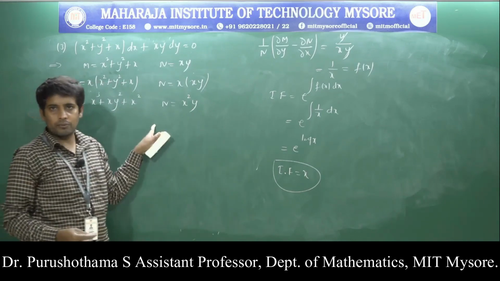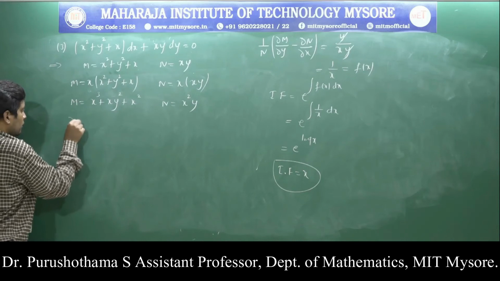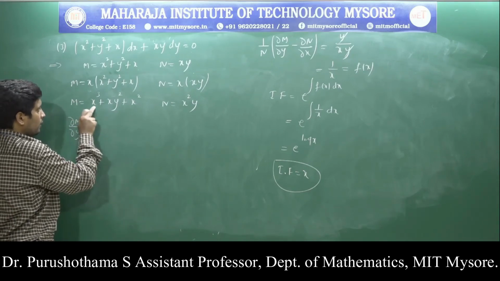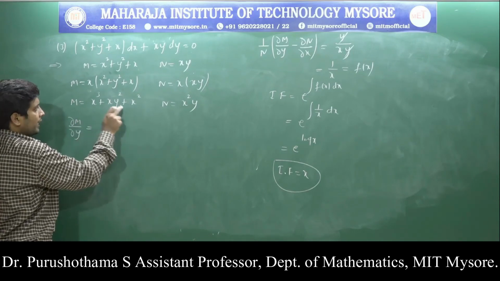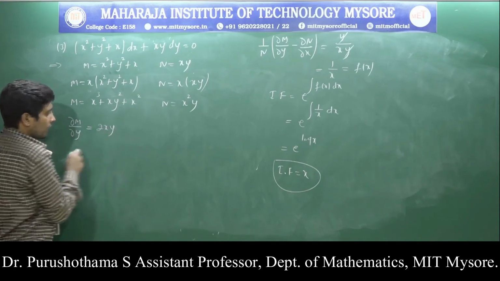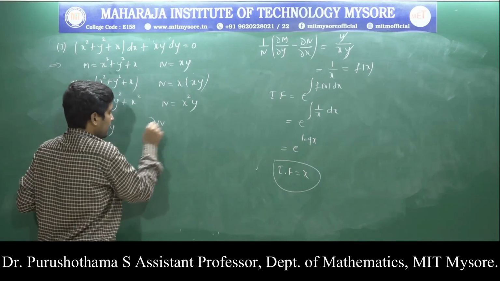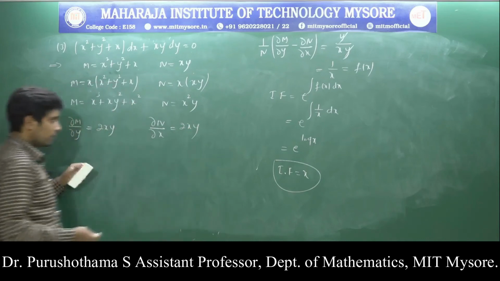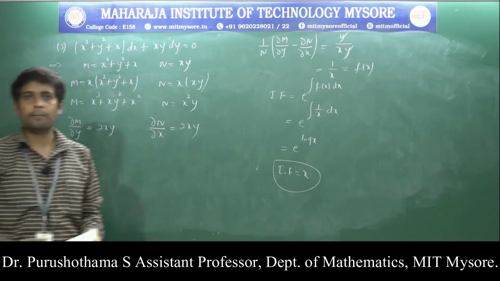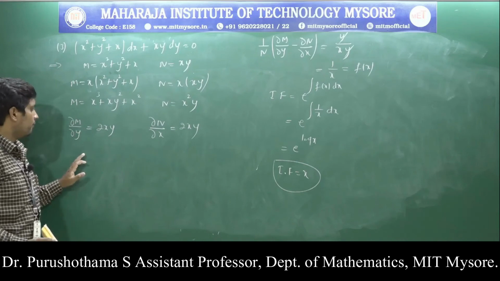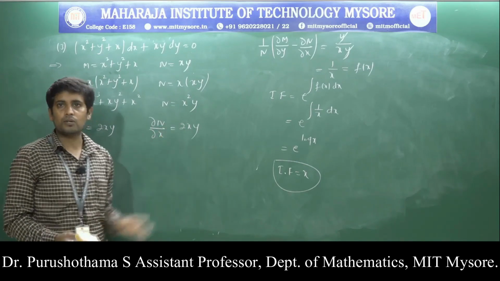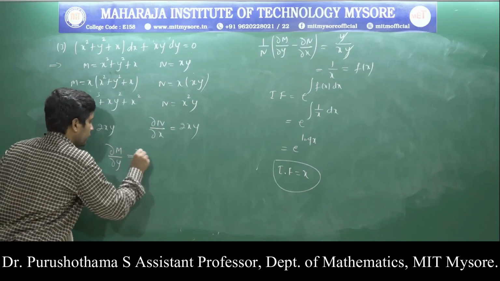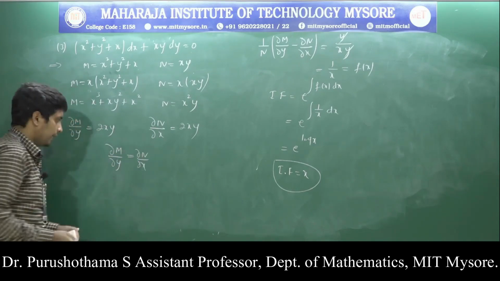Now find their derivatives. ∂M/∂y is 2xy, since the first and last terms are 0, and ∂N/∂x is also 2xy. Now we clearly observe that ∂M/∂y equals ∂N/∂x.